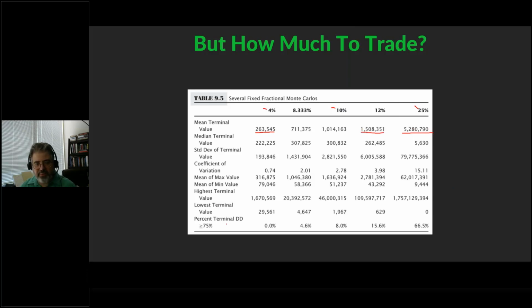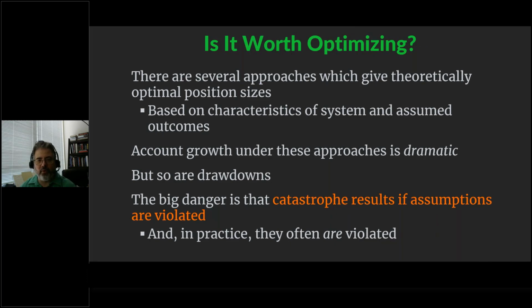But the other thing that happens is the number of accounts that go into drawdown becomes extreme. And if you trade reasonable fixed fractionals, your chances of losing all your money are pretty close to zero, depending how you define that risk of ruin. But as you start to get to, at some point, as you risk more, bad things start to happen faster than good things. So it's not just simply a case of risk more, make more.